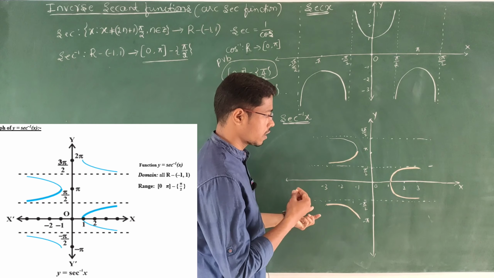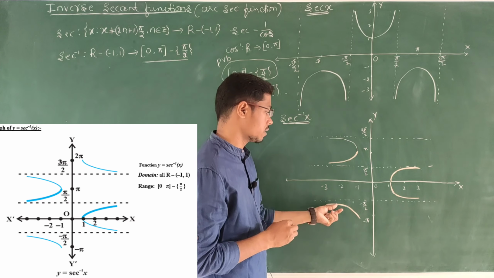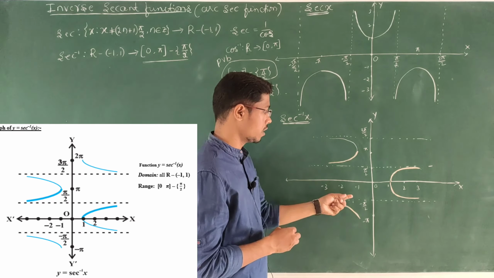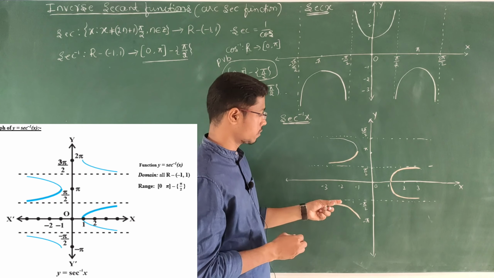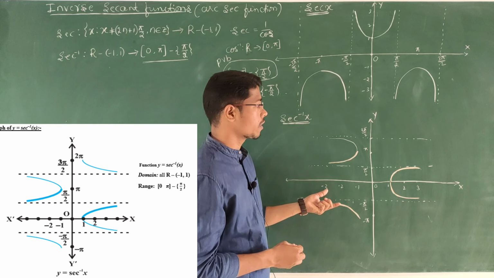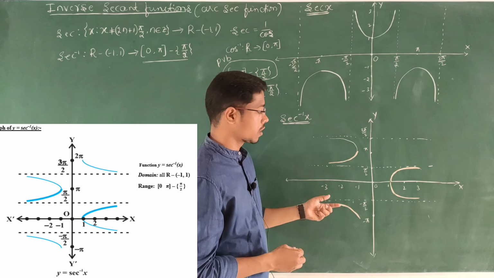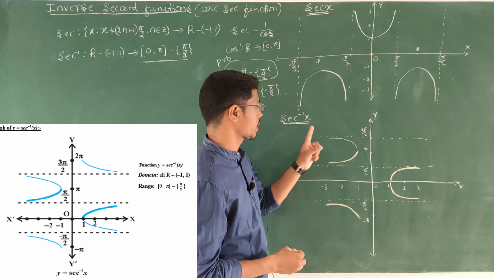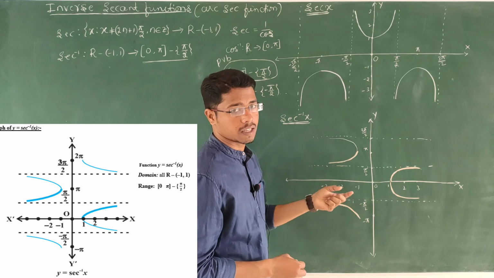If you draw the line up to infinity, this graph doesn't meet pi by 2, because it is not defined at odd multiples of pi by 2. Therefore the graph of the sec inverse function is like this.